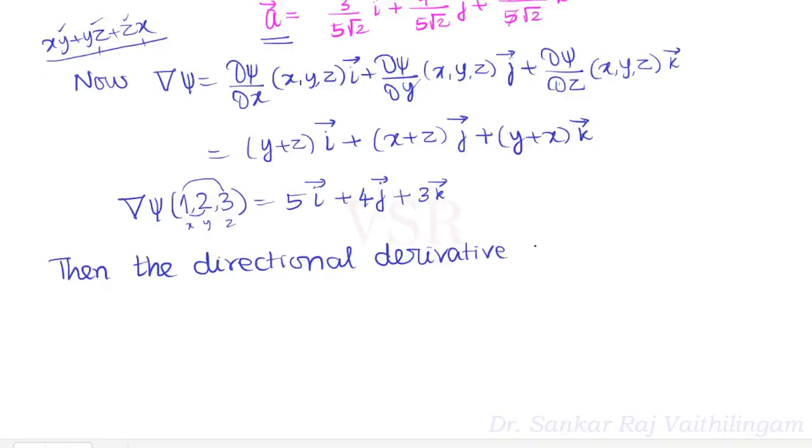Then the directional derivative is given by the formula: a vector dot product with del psi at 1 2 3.